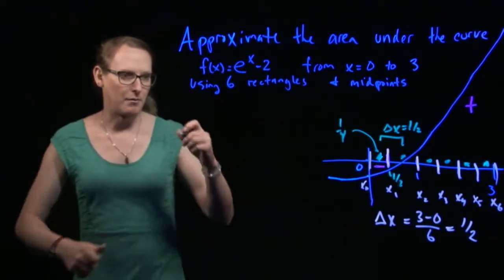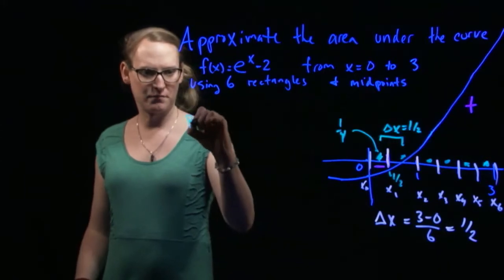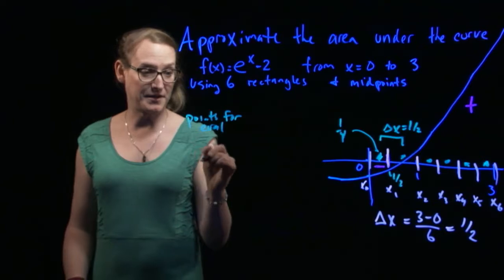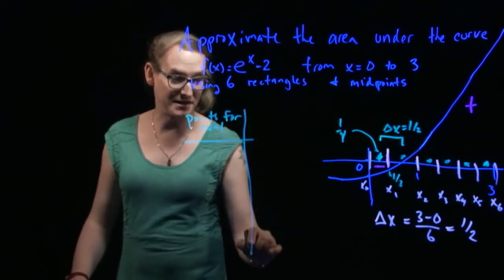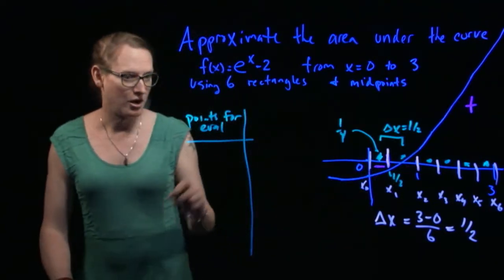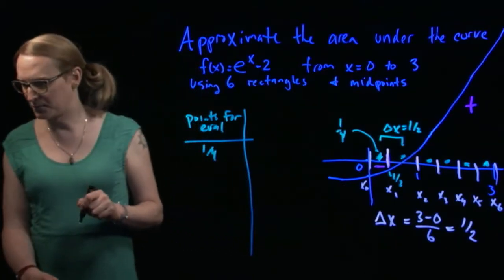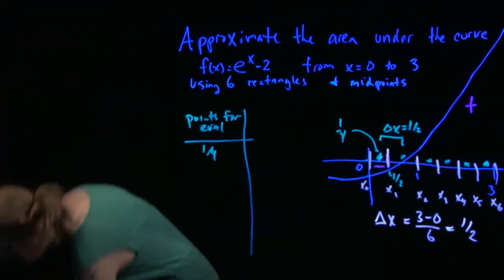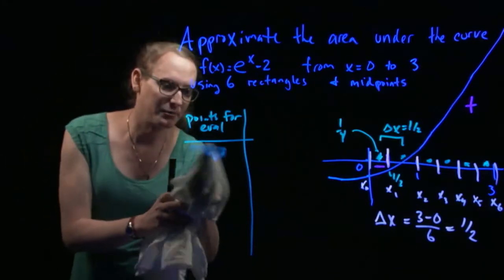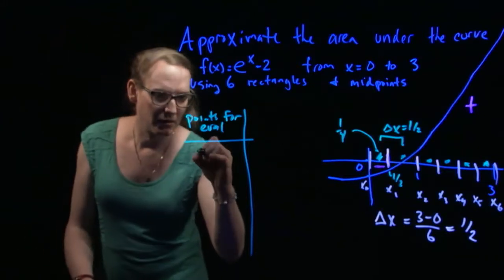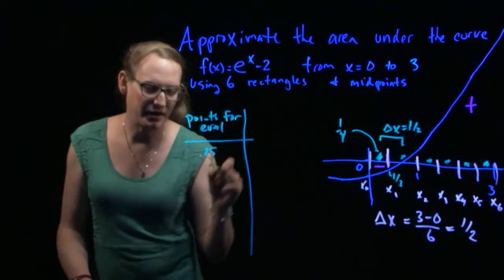So my points for evaluation, that is to say, the points in my discretization of this interval here, are going to be a quarter. Blunt tip markers are a little challenging to write with. Let me try again. Fine, we'll go to decimal.